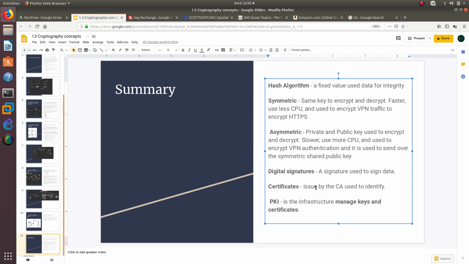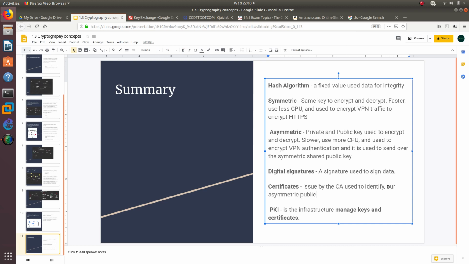Certificates are issued by the CA, and it contains our asymmetric public and private key. And a PKI is the infrastructure that manages keys and certificates.